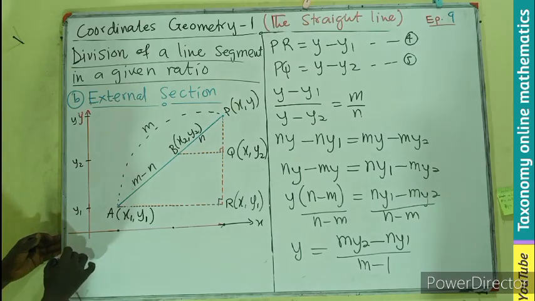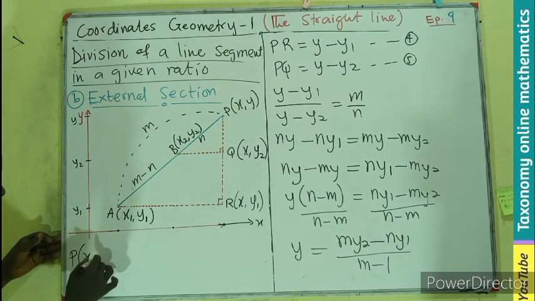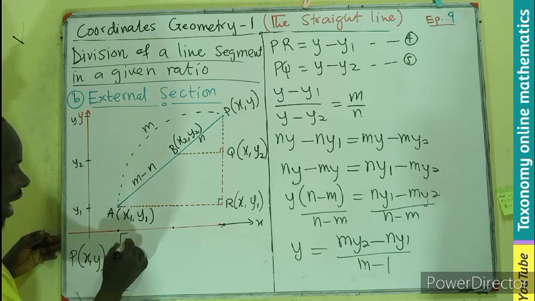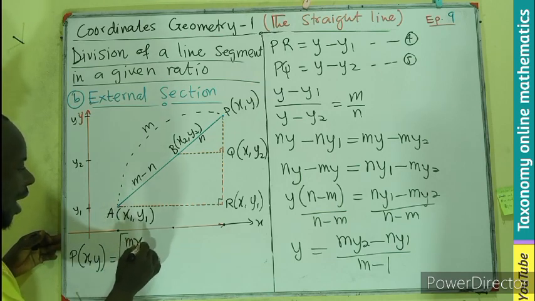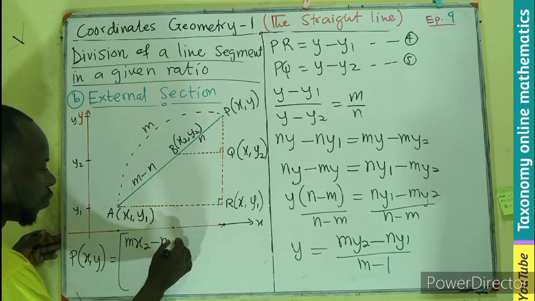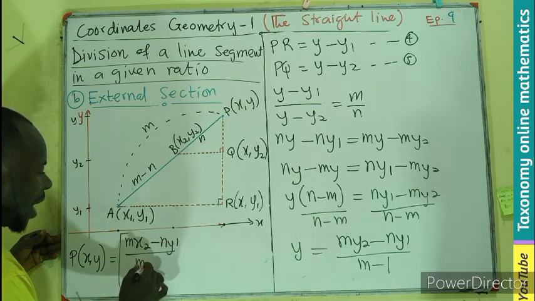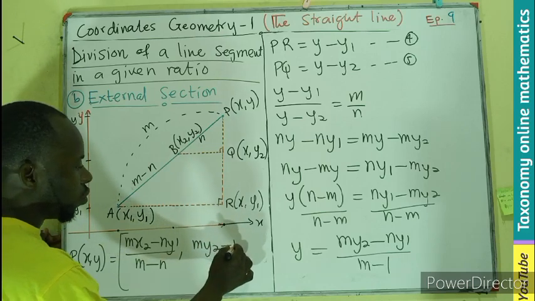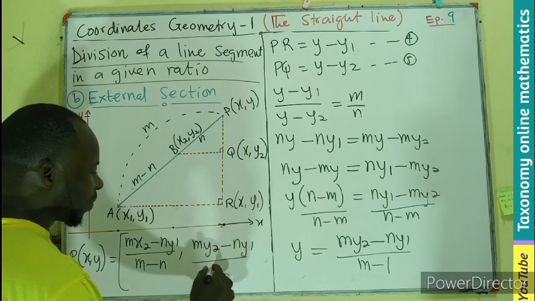We can have the coordinate of the point x, y to be equal to x coordinate mx2 minus nx1 over m minus n, comma, y coordinate my2 minus ny1 over m minus n.